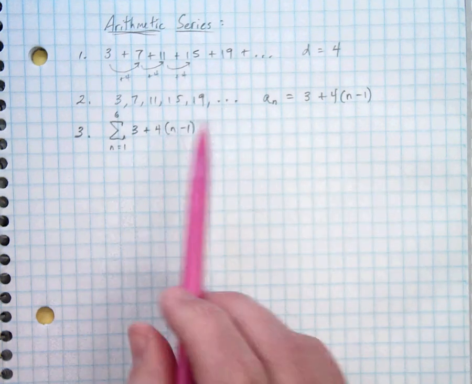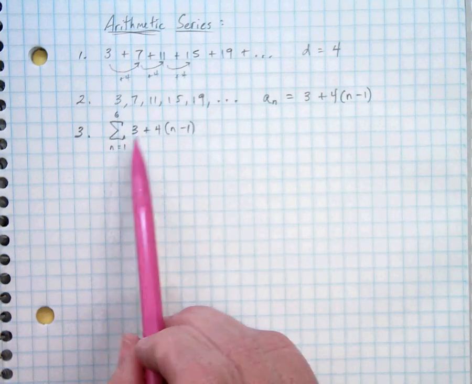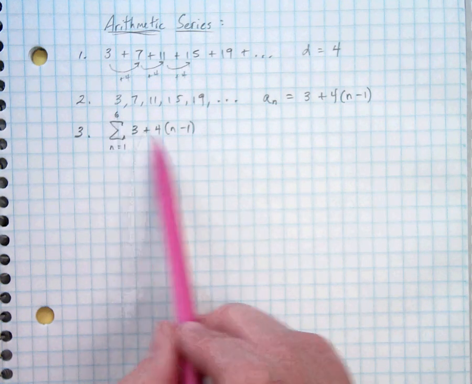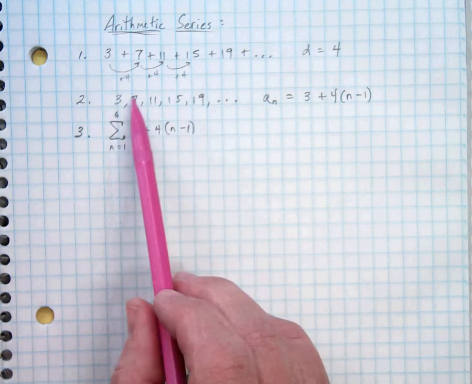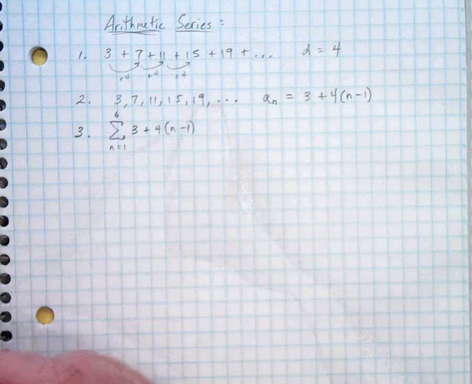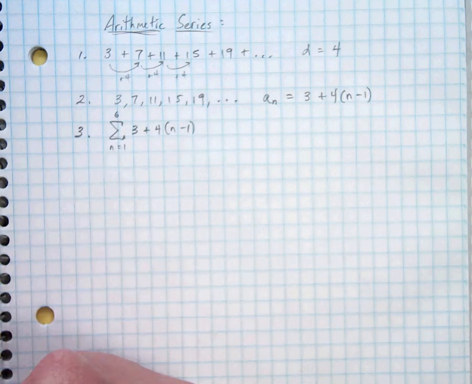From an earlier video, you should know that what we want to do is find the first 6 numbers, 1 to 6, of this sequence, which we've got the first 5 up here, and add them up. So go ahead and do that. What do those 6 numbers add up to?